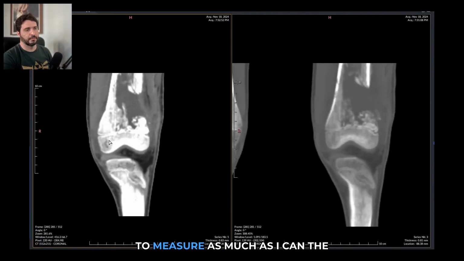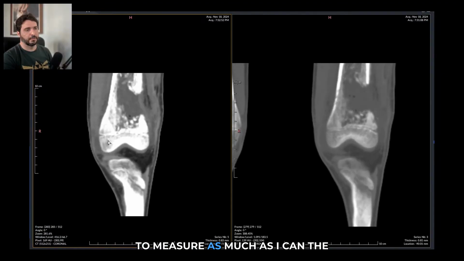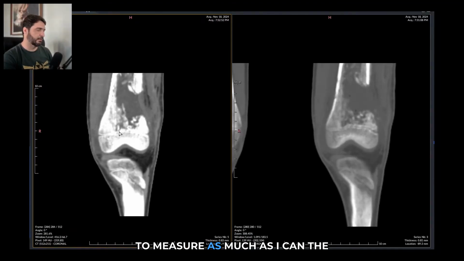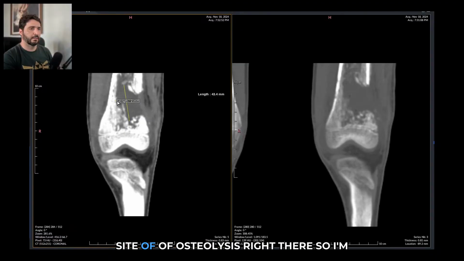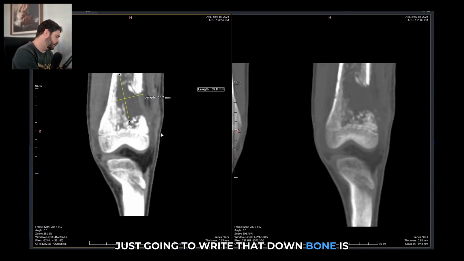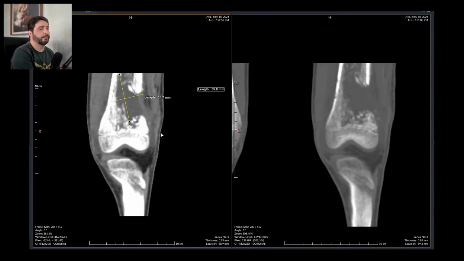And I'm going to measure as much as I can the site of osteolysis right there. So I'm just going to write that down. Bone is 5.5 by 3.4.